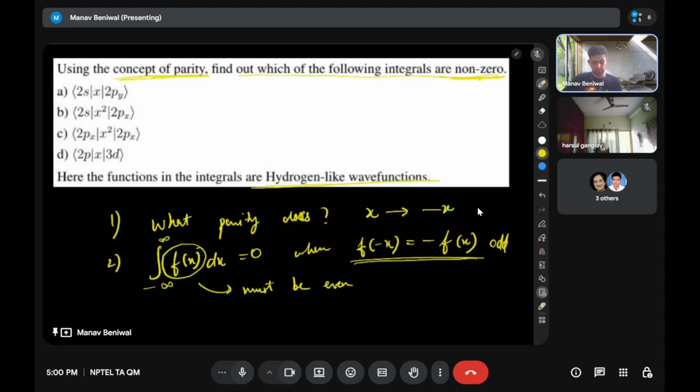This integral, you can see in the options, comprises 3 terms. For the first one we have spin, we have this x, and we have p of 5, and all of these 3 will go into this integral as one single multiplication.